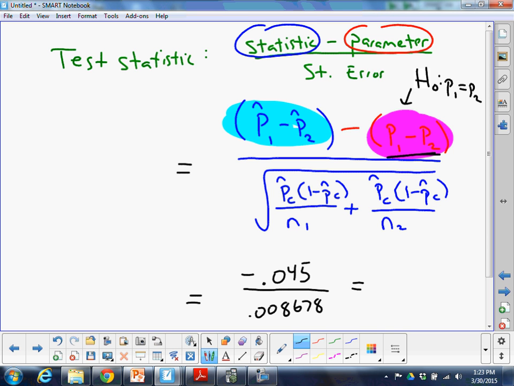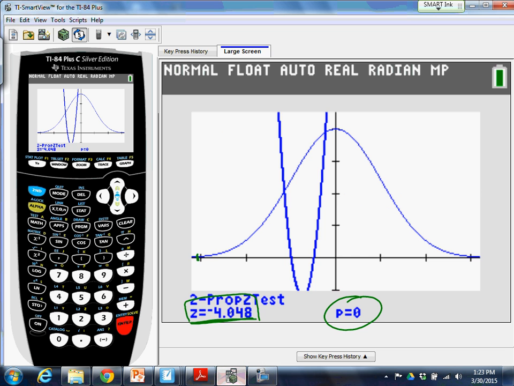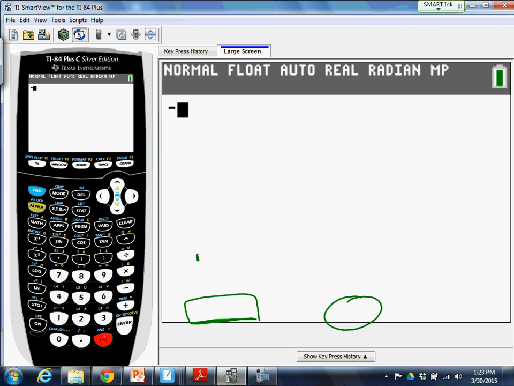Okay, and if we just do the division on there, that's going to get you your test statistic, which we had from before. So let's just do that real quick. If we did the negative 0.045, and we divide by the standard error, which was 0.0086.